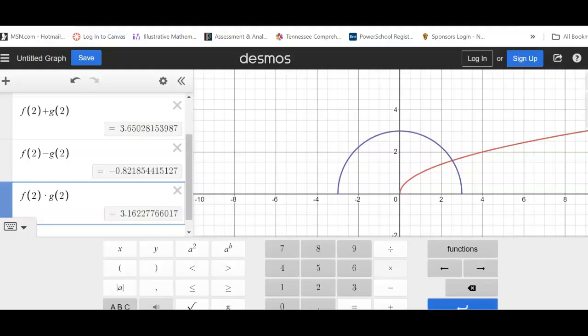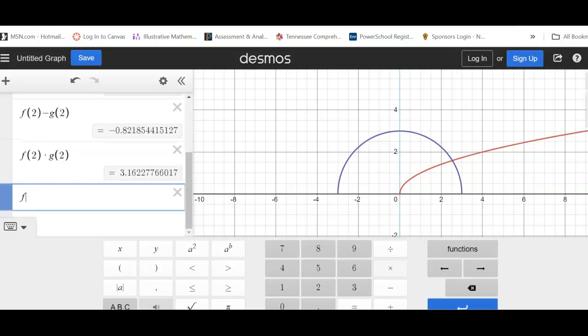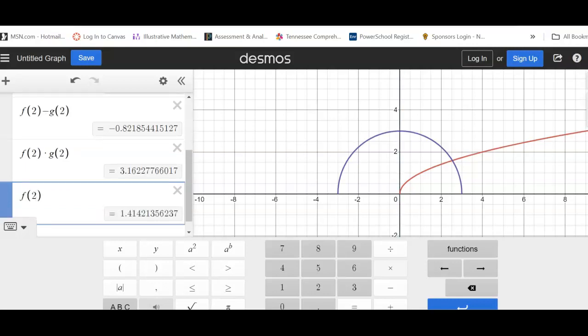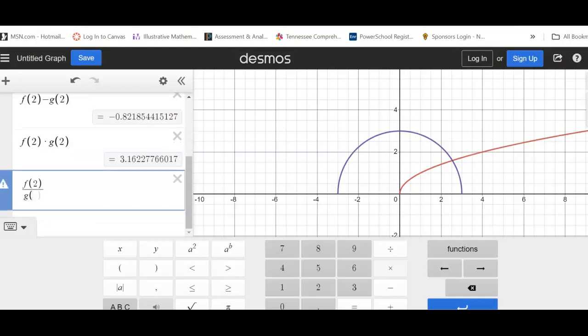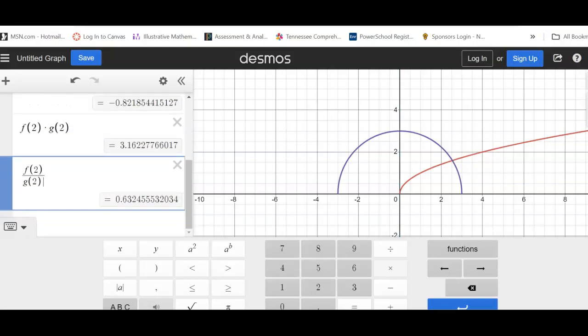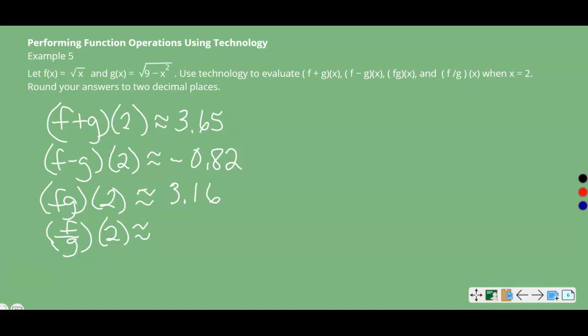And then the last one, we're going to do f of 2 divided by g of 2. And that's going to be about 0.63. Round your answers to 2 decimal places.